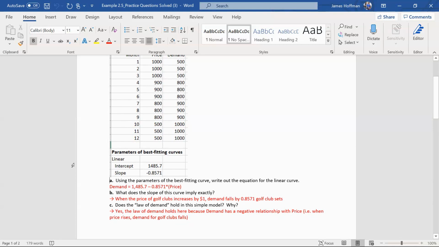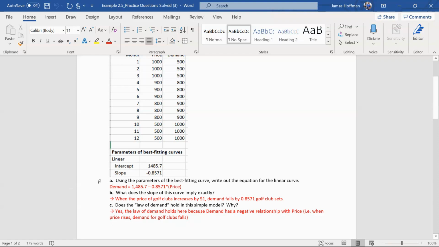Part A, using the parameters of the best fitting curve, just write out the equation for the linear curve. All you're doing is using the intercept and the slope to write out the general equation. This is the intercept, this is the slope.